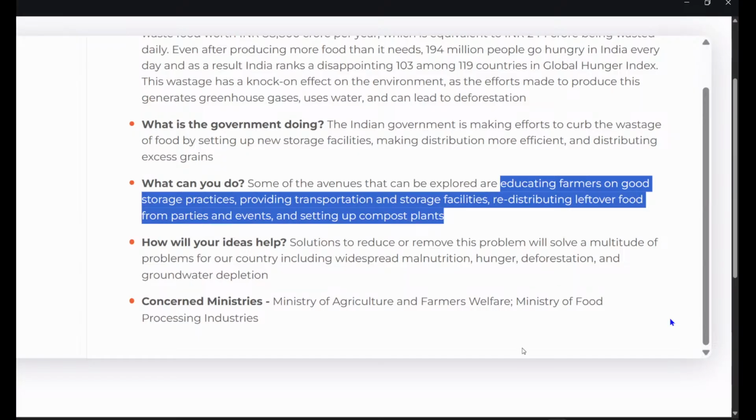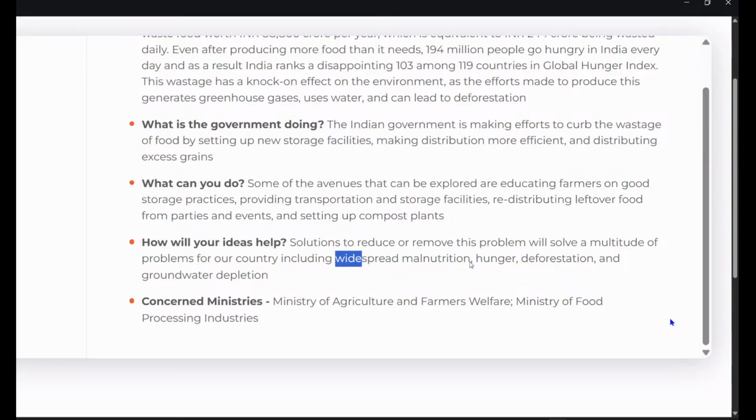How will our ideas help? Solutions to reduce or remove this problem will solve widespread malnutrition. These days, for every 100 urban kids, at least 70 are facing this condition.